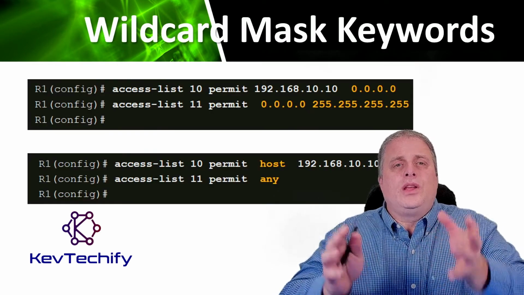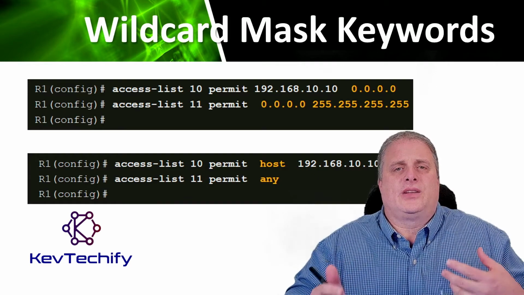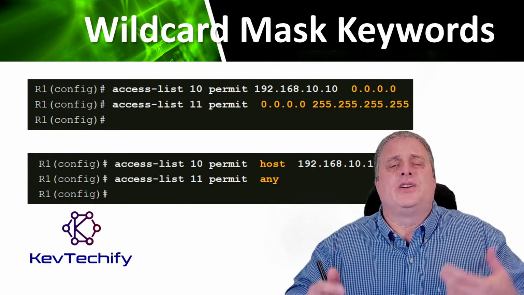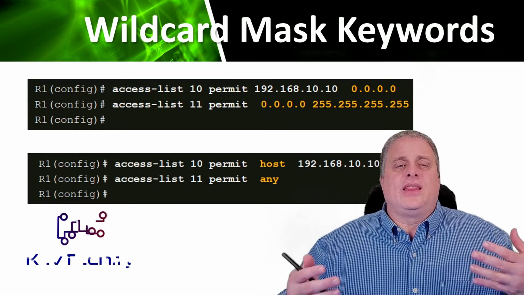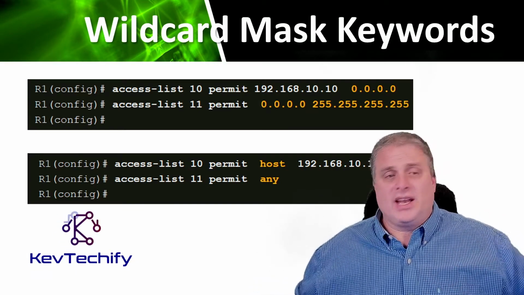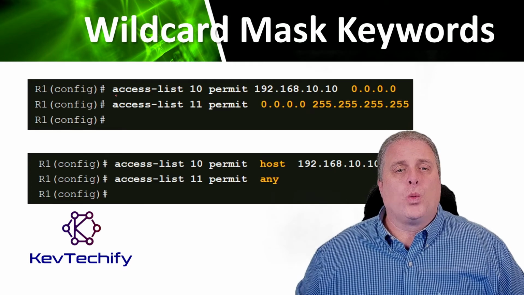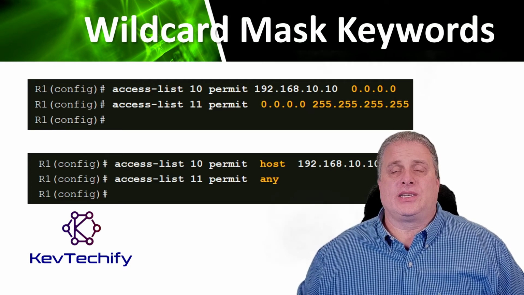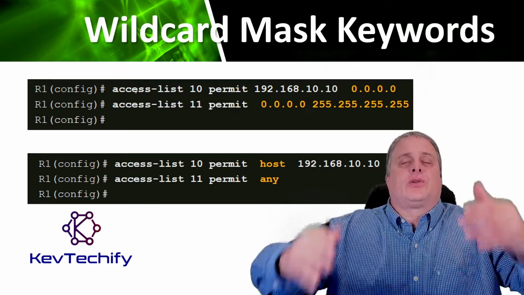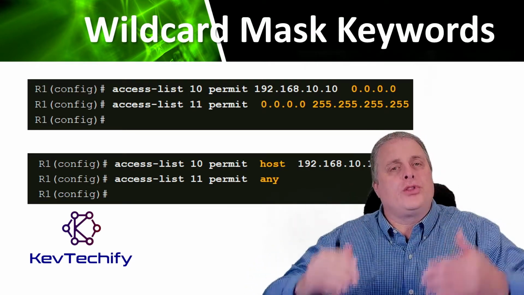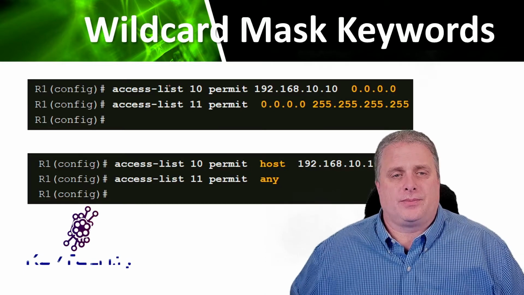Keywords here, we can use keywords to reduce ACL keystrokes and to make it a little bit easier to read your access control entry. Once again, an access control entry is one line in your access control list. So an access control list consists of multiple access control entries.